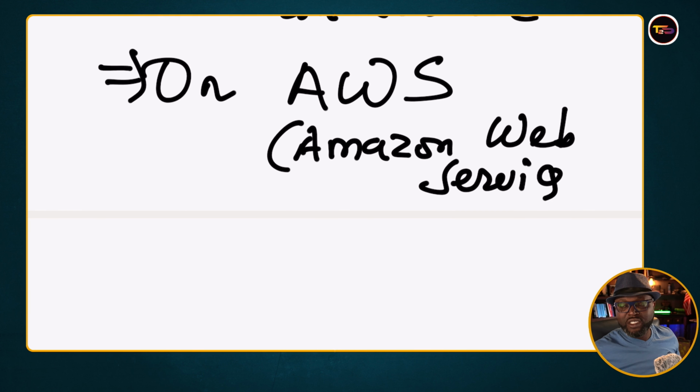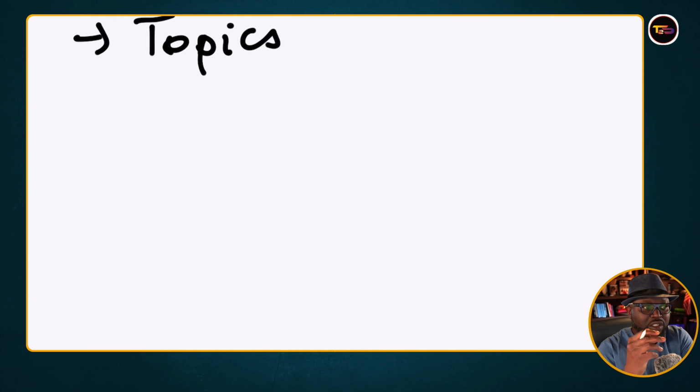So a higher level overview of SNS is that, first of all, you have topics. You create a topic, so that's the first one, and this topic is going to allow multiple subscribers to receive messages that you publish to that topic.